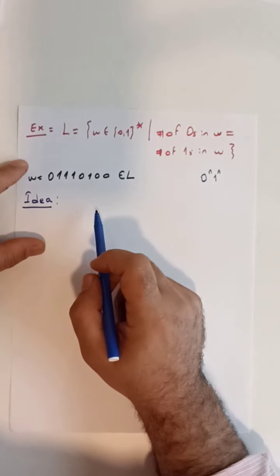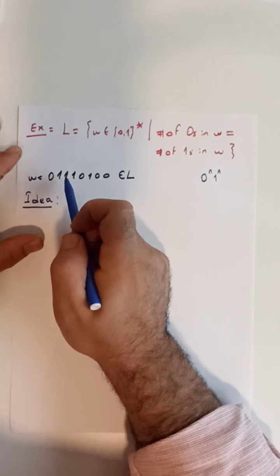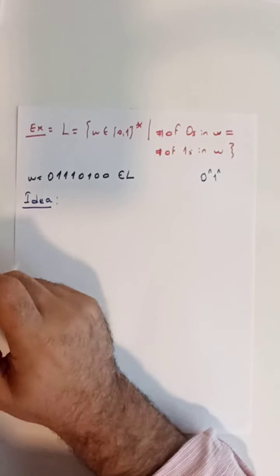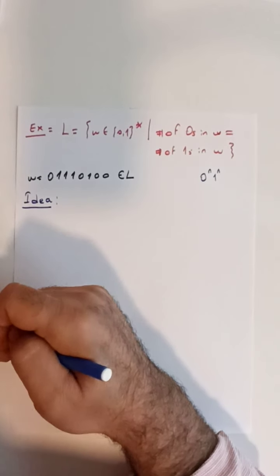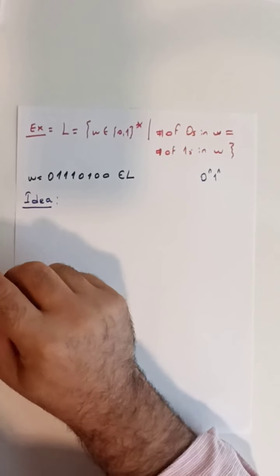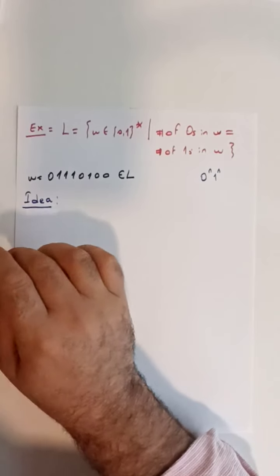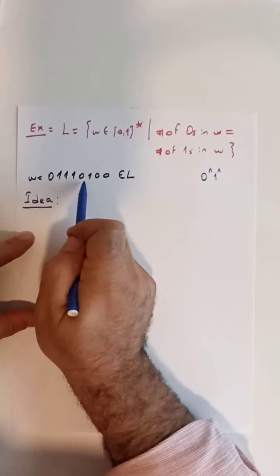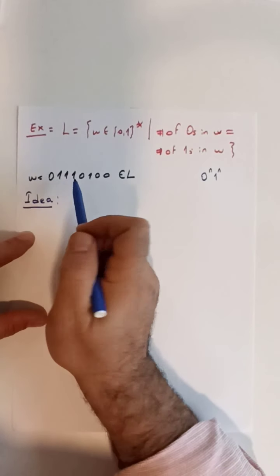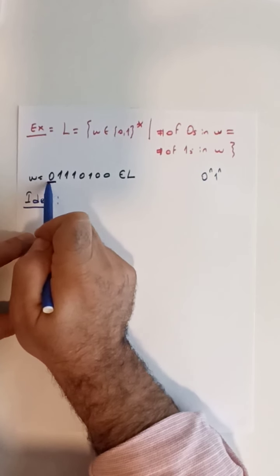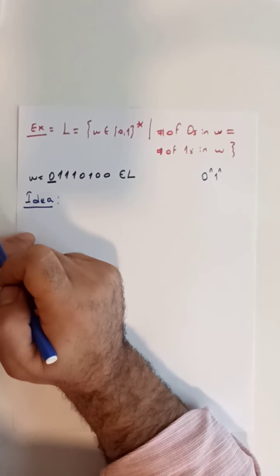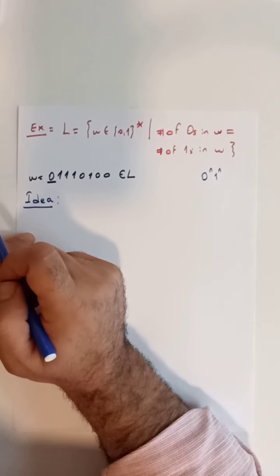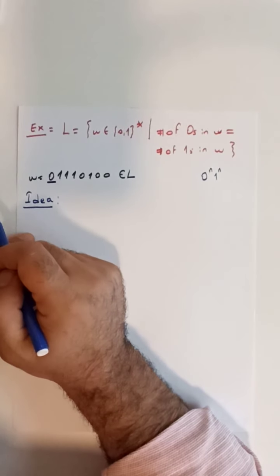What we will try to do is the following. Obviously we should make use of the stack that is available to us to do any type of indefinite counting. For this language, how we will use the stack is the following. At any point during the processing of the input string, if we have processed the input string up to this point, in the stack we will keep however many extra symbols there are when compared against each other.